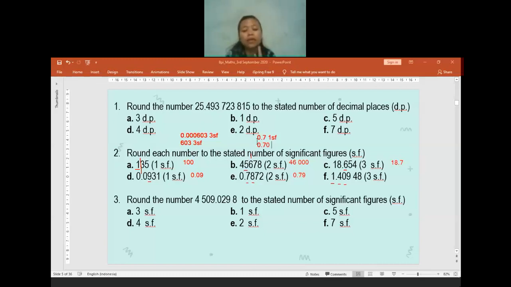So the first significant figure starts from 7. The 0 behind is also significant. So 0.70 will be two significant figures. Is it helping, or is there anyone who is still confused about which numbers are significant and which are not?